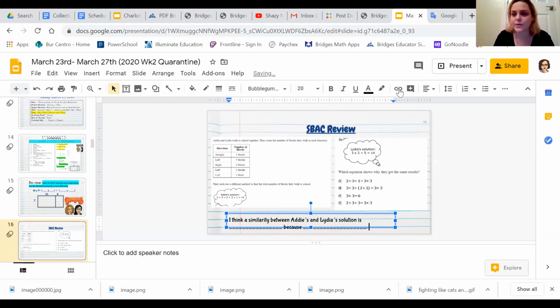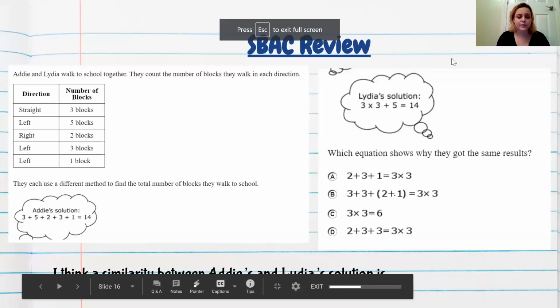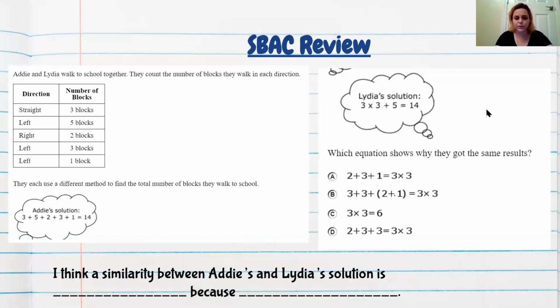I'm gonna put this in present so you guys can see it, and I want you to write it down in your math notebook. Really look at it closely. What do you notice is the similarity between Addy and Lydia's solution? So I think a similarity between Addy's and Lydia's solution is because, and pause me now so you can go do that. All right, so you're back.